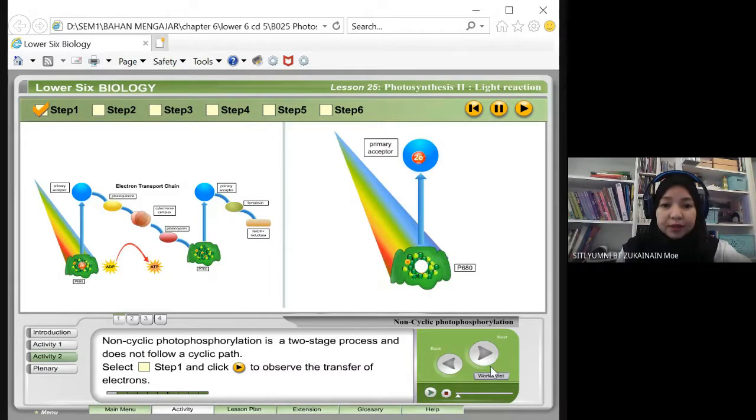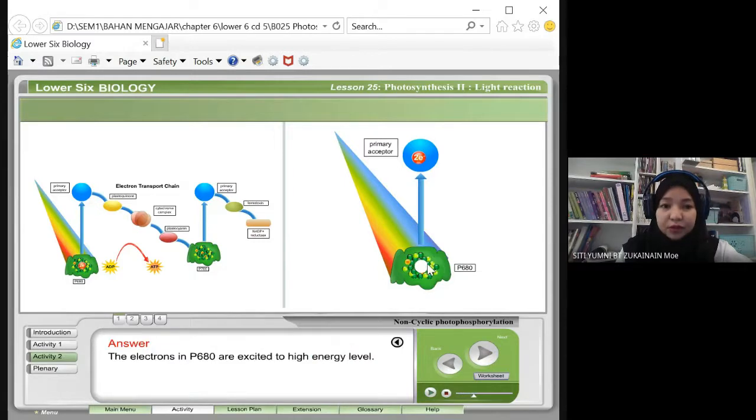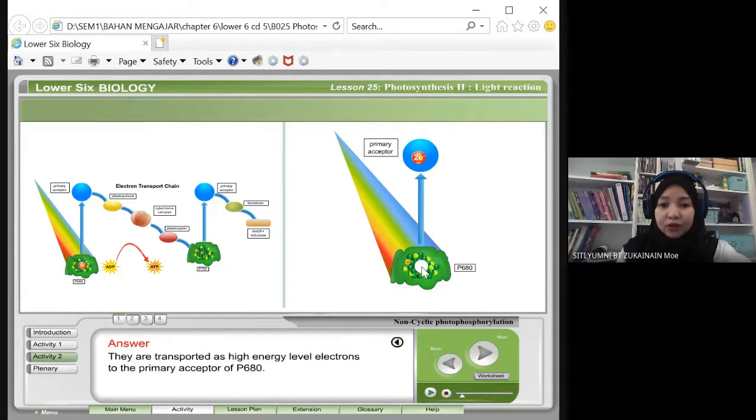As you can see here, light strikes photosystem 2 and the electrons in photosystem 2, or P680, are excited to a high energy level. Then what happens to the excited electrons?